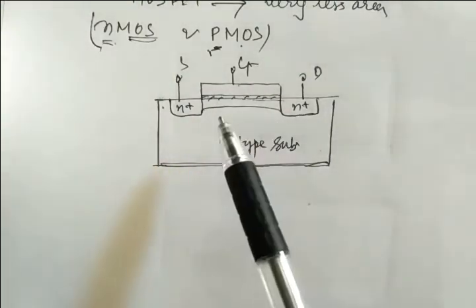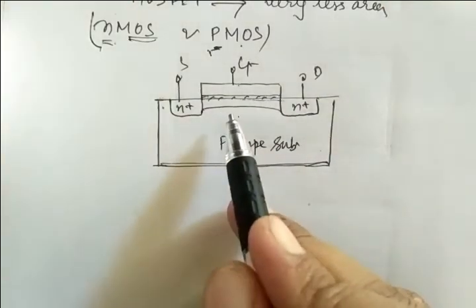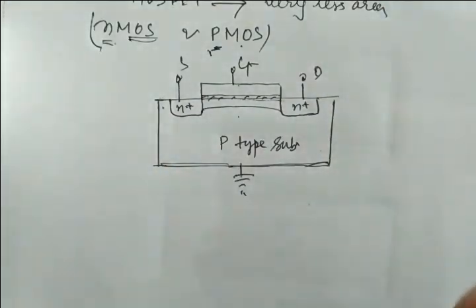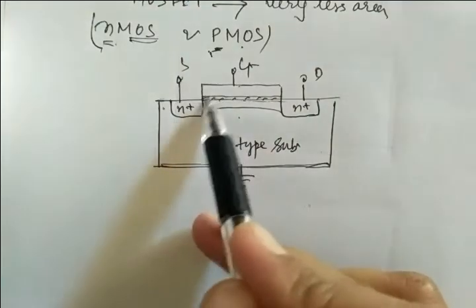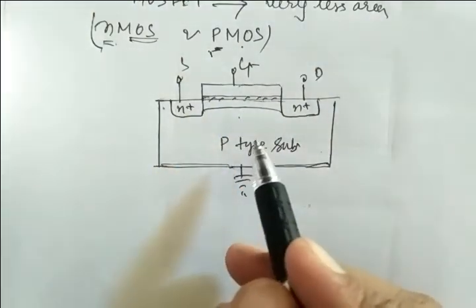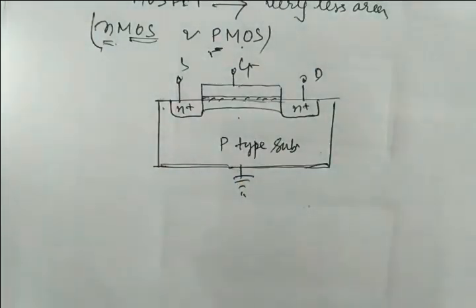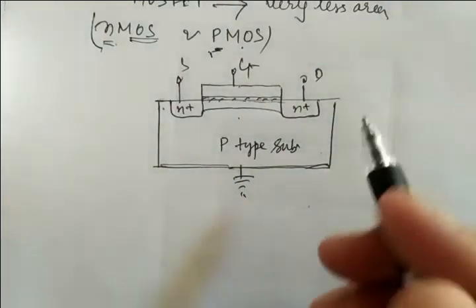What kind of parameters are associated with this structure? There is a length, a width, and an oxide thickness, because this is the oxide layer. We all know that the gate is not directly connected to the substrate. The gate is insulated by an insulating layer built with silicon dioxide.